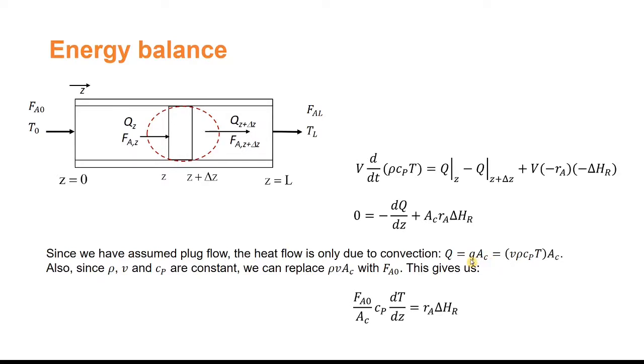And for convection only, that is the fluid velocity times the energy density. So small q is equal to the fluid velocity V, the density rho, the molar heat capacity Cp times the temperature. And then the heat flow rate is equal to the heat flux times the cross-sectional area AC.